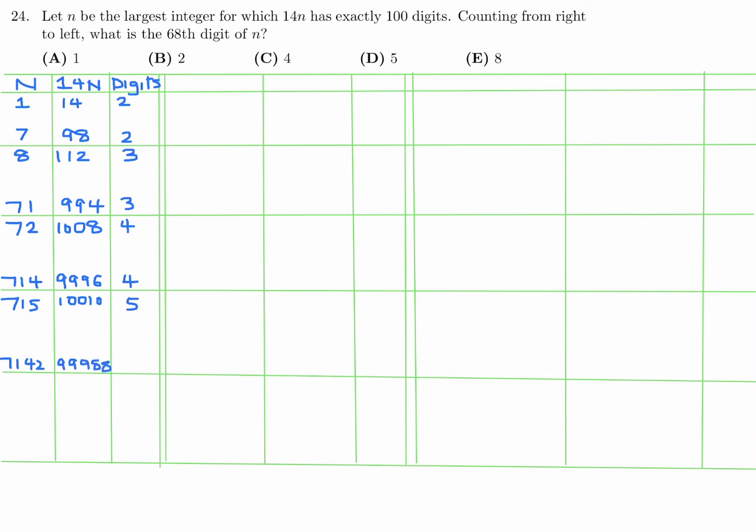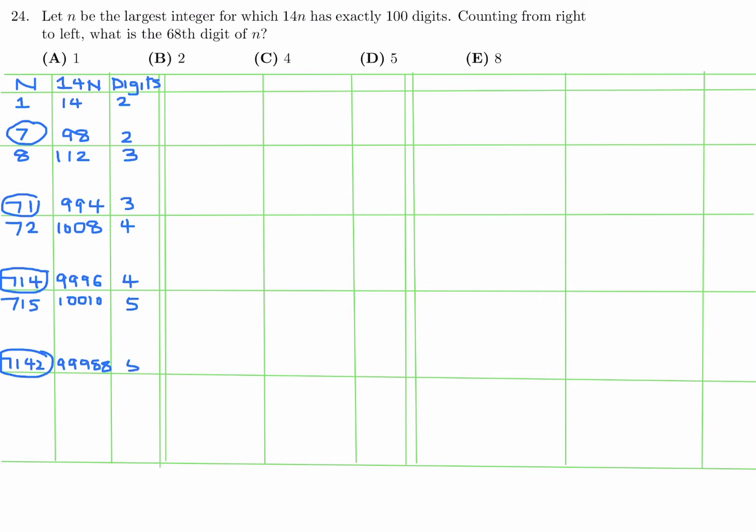So as you can see, I'm trying to get a pattern with regard to this number. Why that number? Because, read the question, n be the largest integer for which 14n has exactly 100 digits. What they're saying is they want 100 digits, so this number has to be 100. But obviously that's way too time consuming, so I have to hopefully get a pattern fairly quickly.